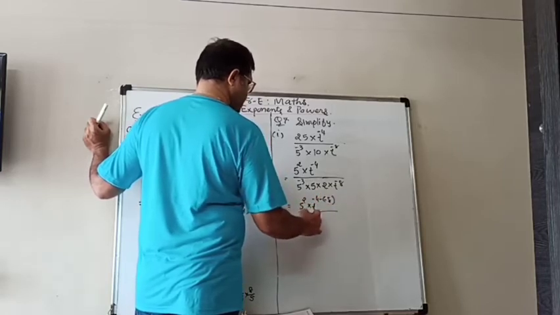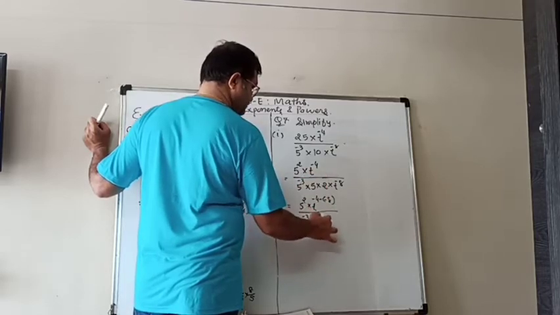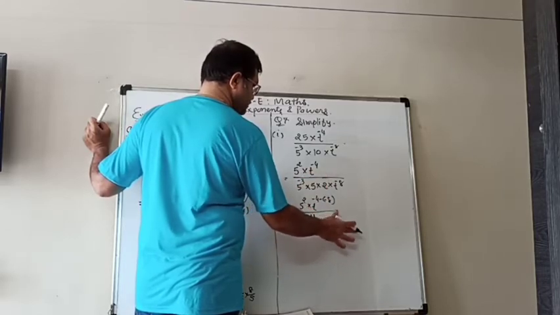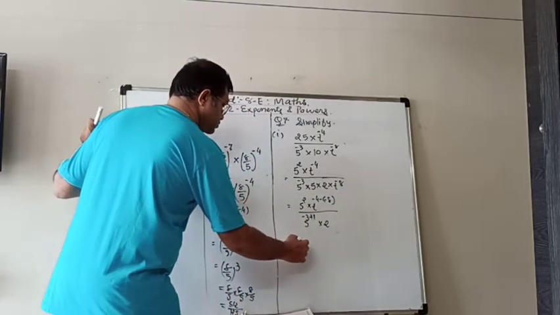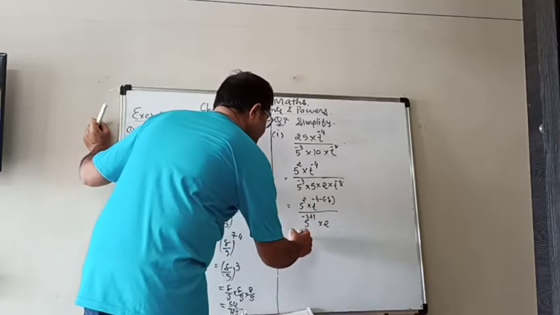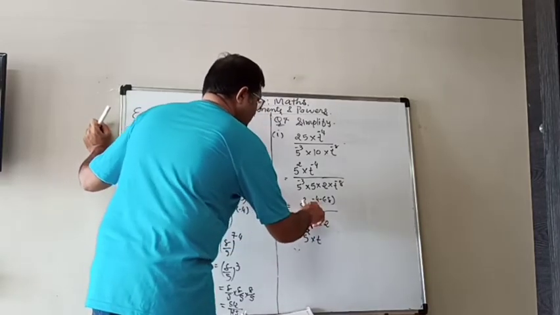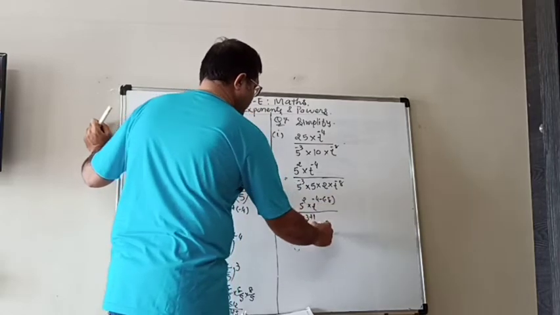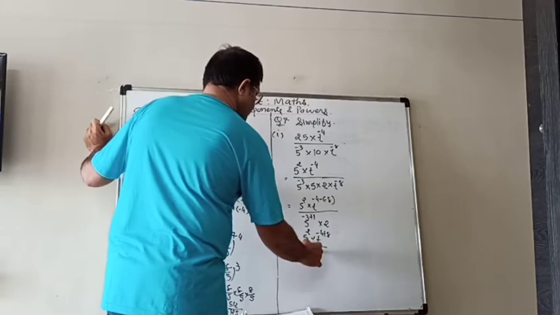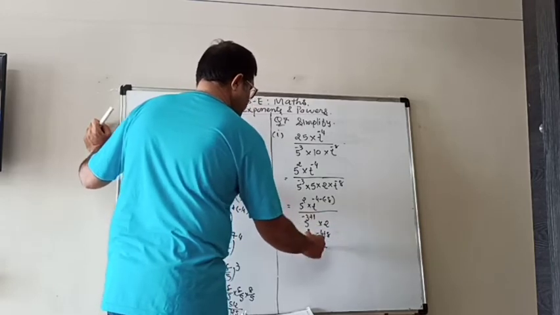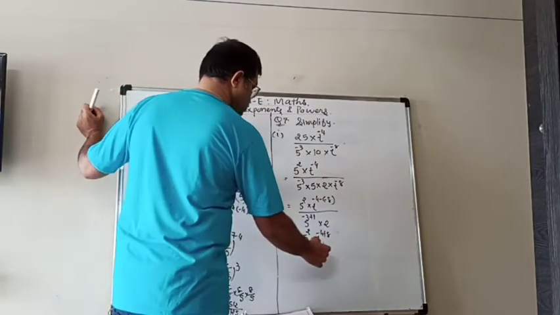Here you can write 5 raised to minus 3 plus, there is no power means power 1, into 2. t raised to minus 8 is already gone. So it is equal to 5 squared, t raised to minus 4 minus minus plus 8, upon 5 raised to minus 3 plus 1 is minus 2, into 2.